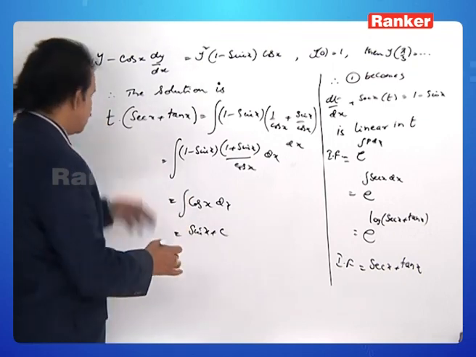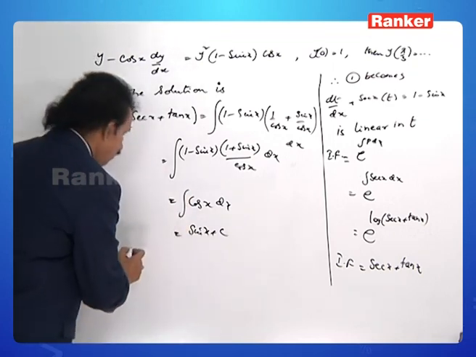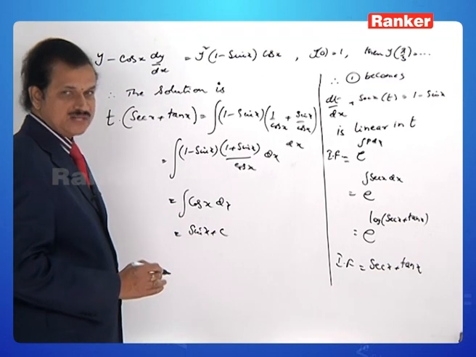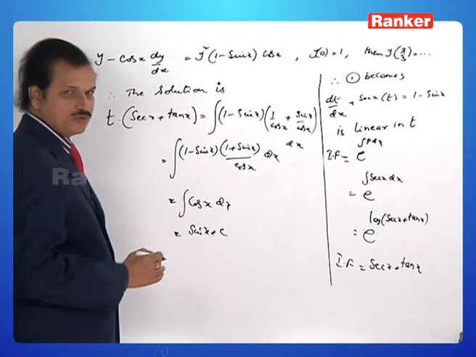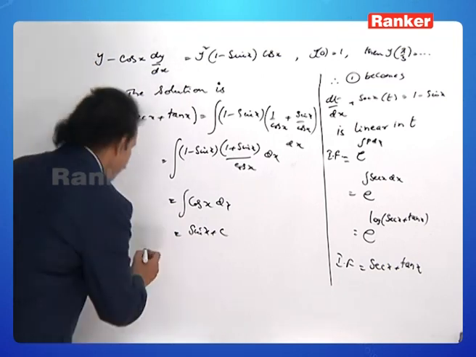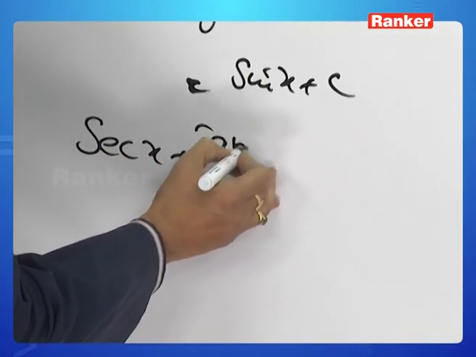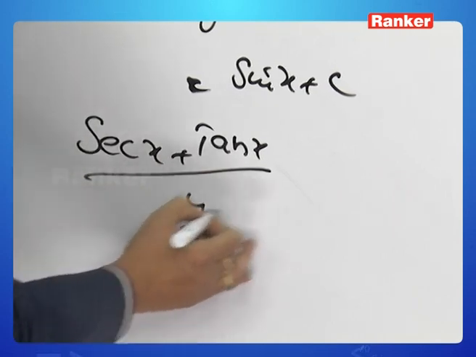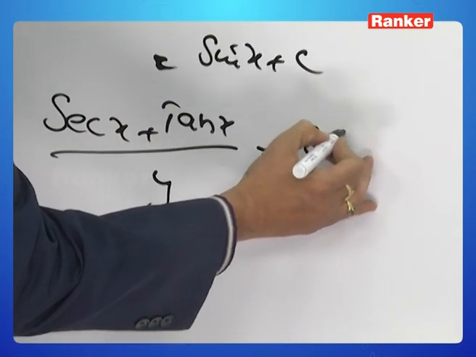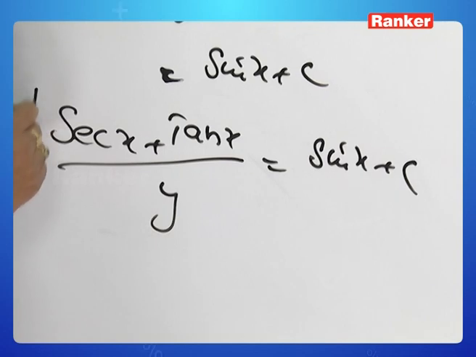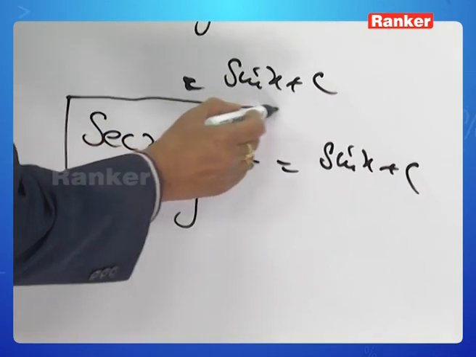Let us write the solution clearly. What is t? 1 by y it seems, isn't it? 1 by y we could have assumed to be t. Therefore, secant x plus tan x by y is equal to sin x plus c is the solution.